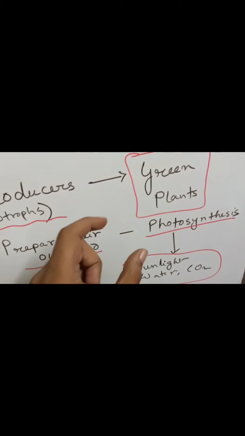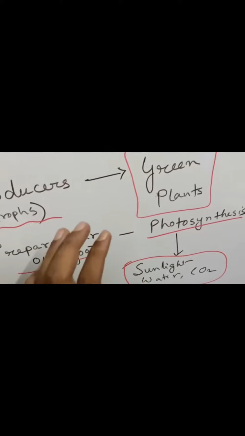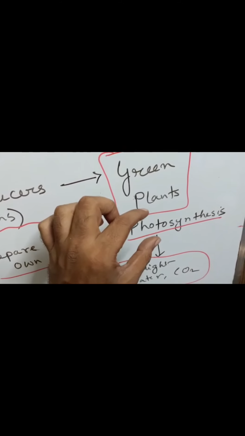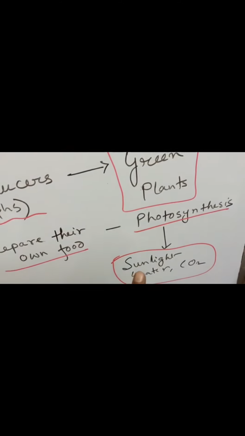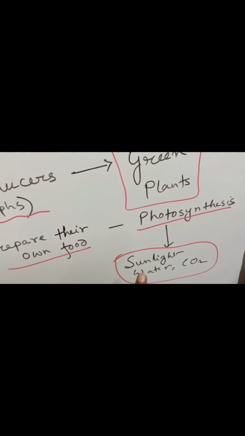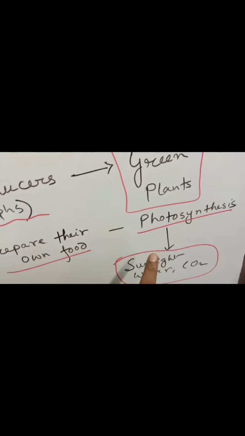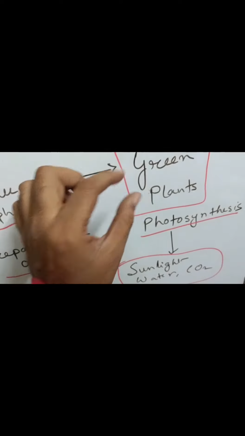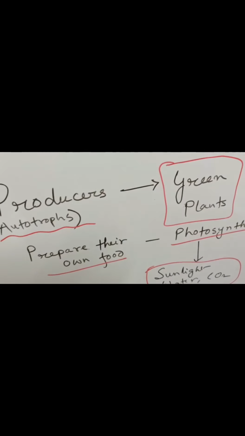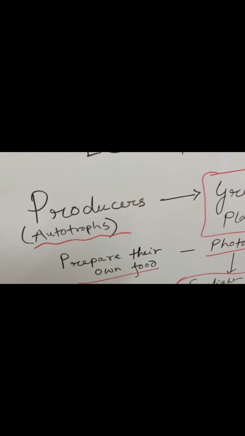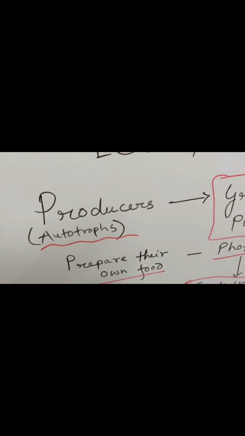During the process of photosynthesis, they use sunlight, water, and carbon dioxide to prepare food. So I am briefly discussing once again.